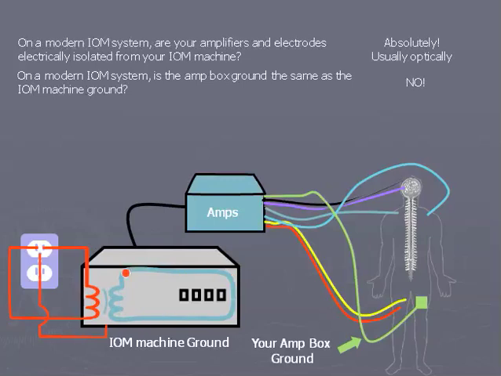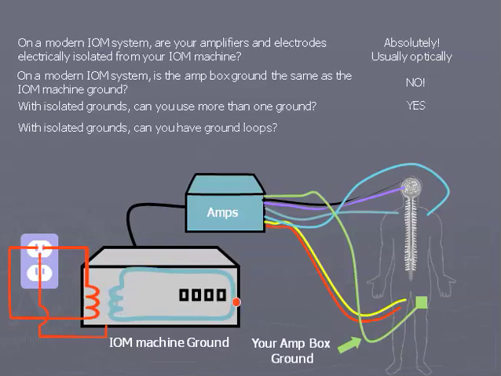The amp box ground is electrically isolated from the IOM machine, just as the amplifier connections are. In summary, if direct earth ground connection is used, dangerous currents can flow through our patients from leakage current and ground loops. Modern neurodiagnostic equipment, isolated amplifiers, and isolated grounds greatly reduce the risk of these dangerous currents.